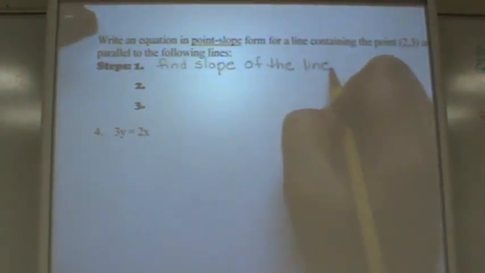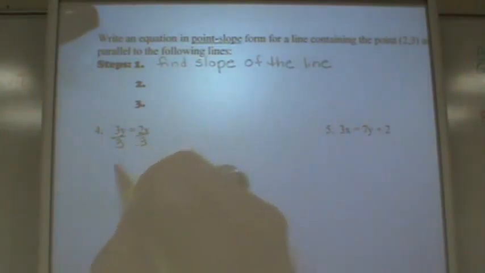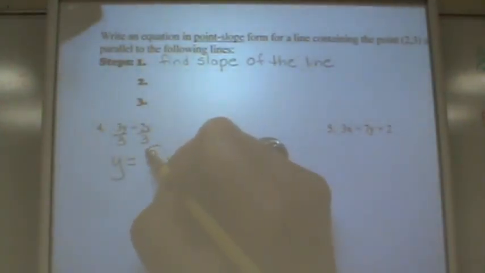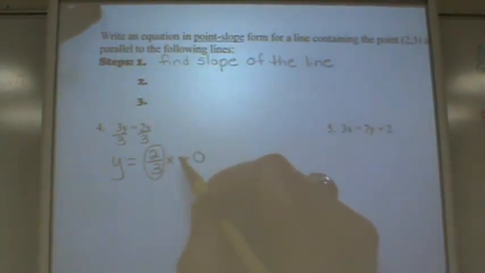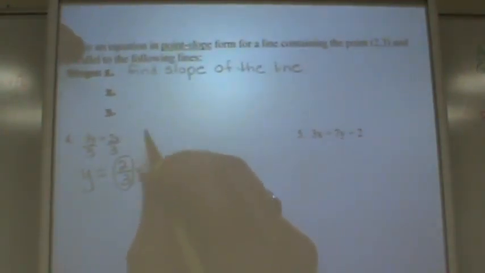And how we do that is we get it in slope-intercept form. So divide both sides by 3, so y is equal to 2/3 x. You don't need that y-intercept of 0, but you can write it there. So what you're going to do is determine what the slope is. The slope is 2/3.